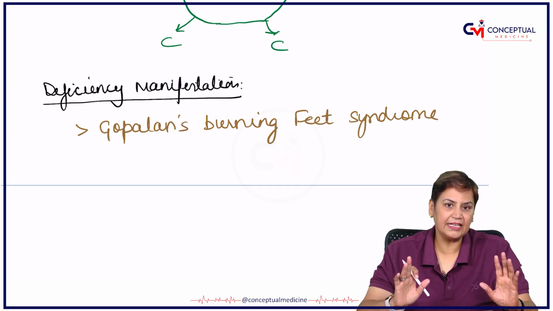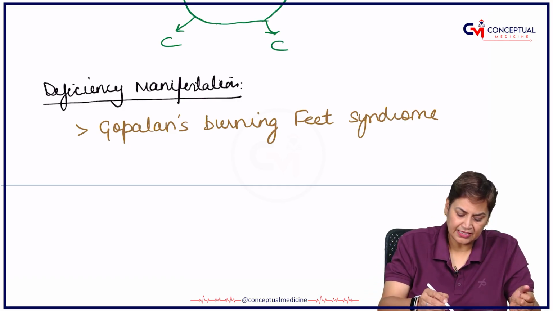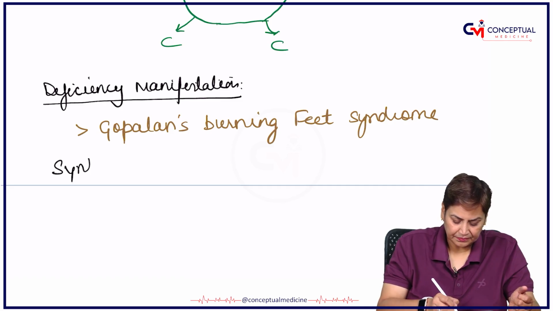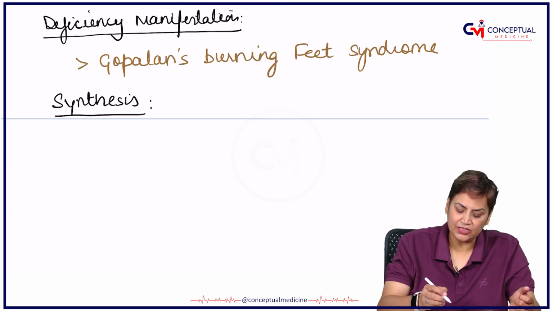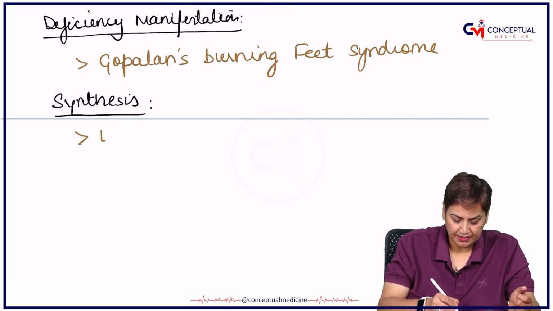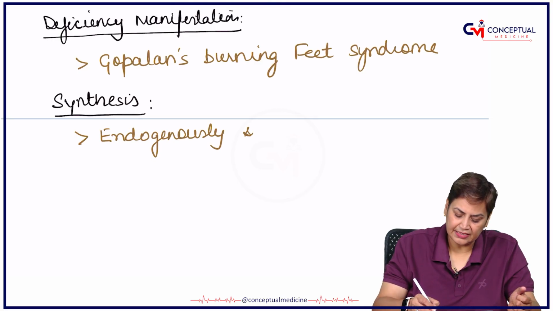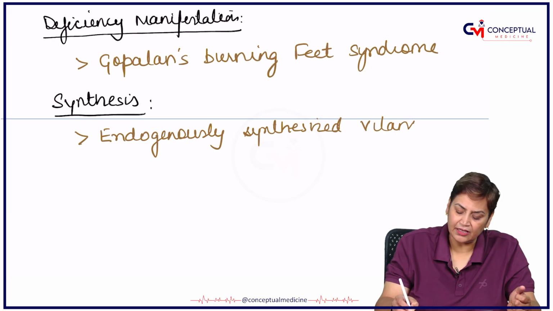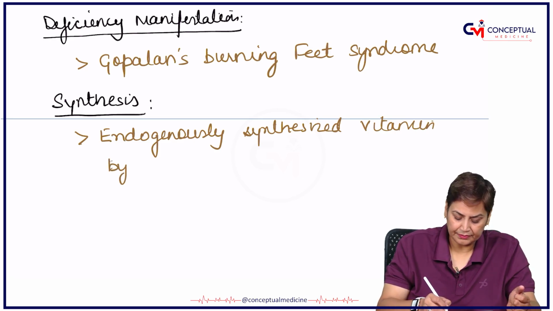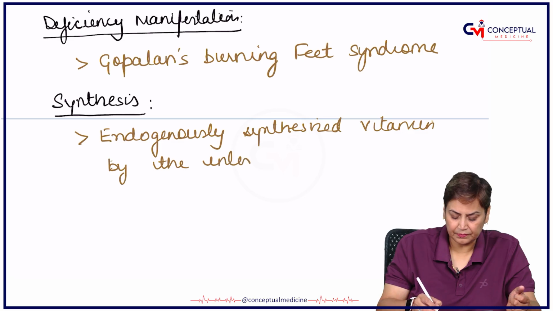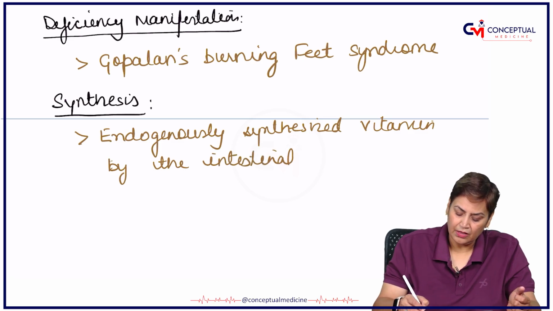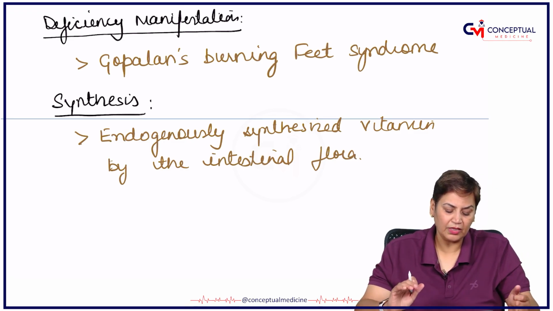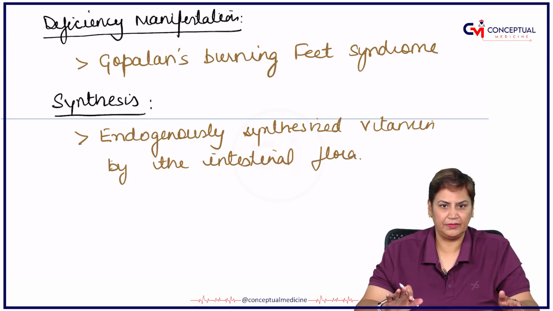And the second is the synthesis: it's an endogenously synthesized vitamin, synthesized by the intestinal flora. So this is all about vitamin B5.